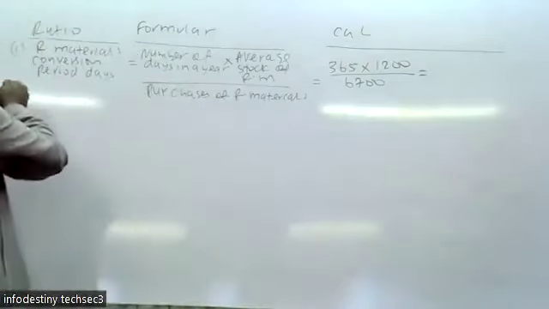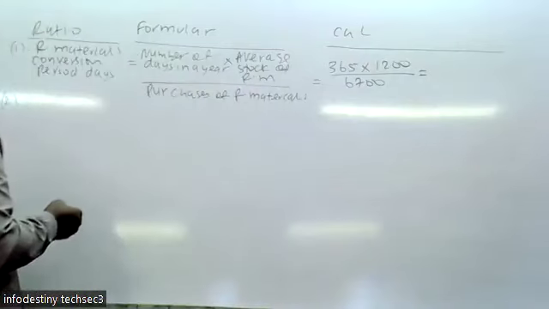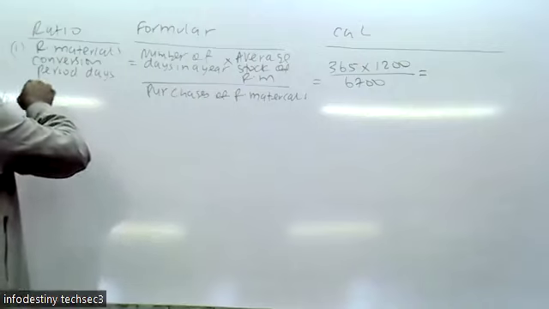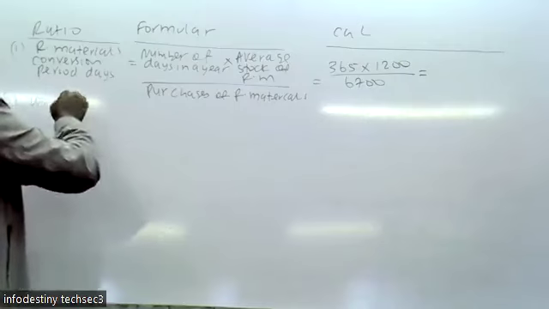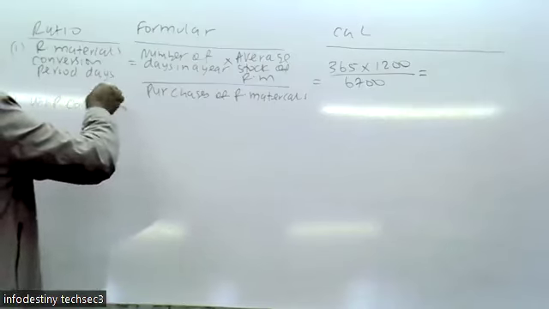So the second one is supposed to be the work in progress conversion.